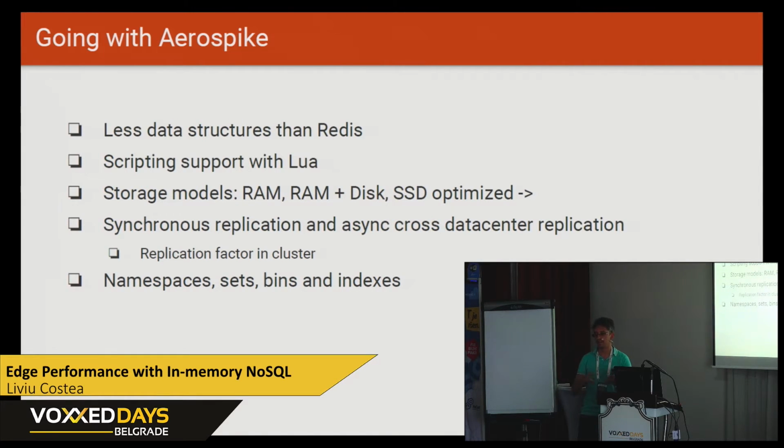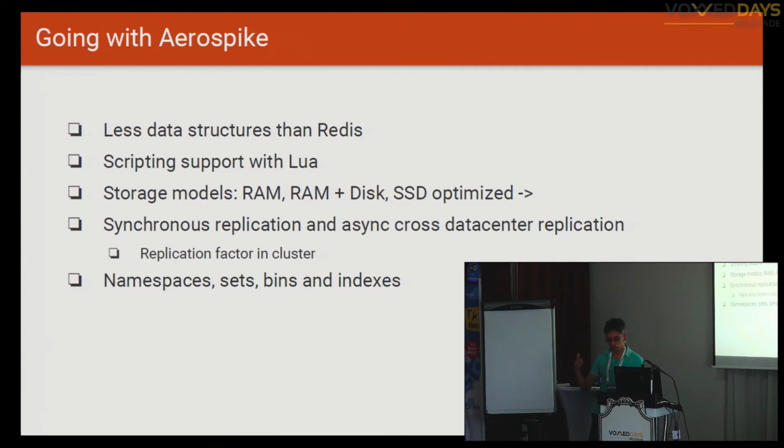Inside sets, you have records. And a set also has bins, and bins are columns. And here, besides the primary key of the record, you also have indexes that you can define on those bins. So you can have secondary indexes, and once you have secondary indexes, you can do queries on those bins.